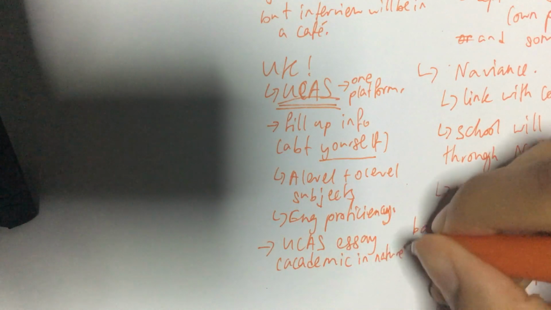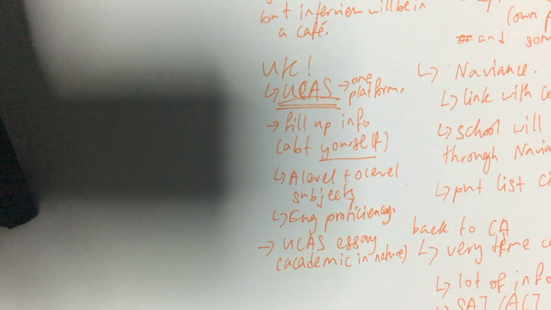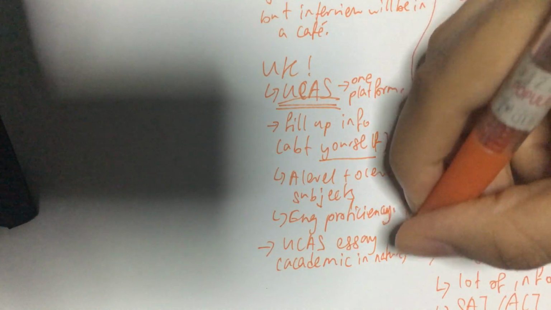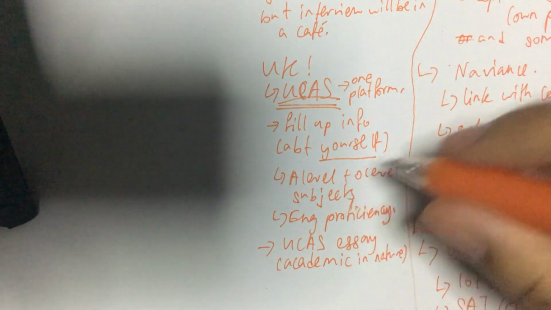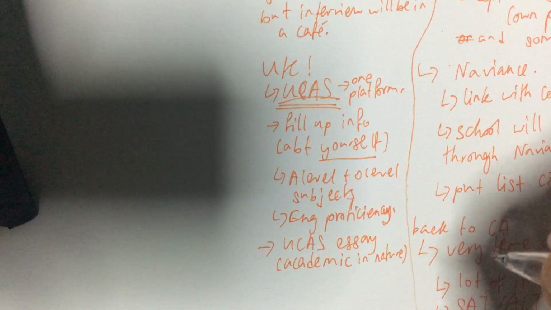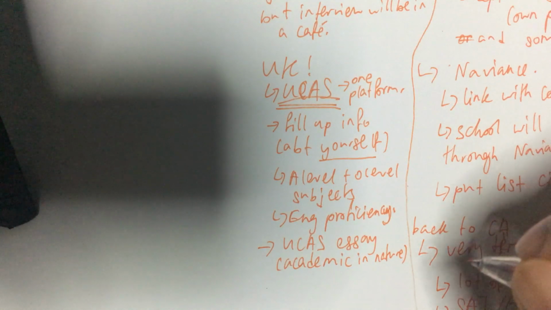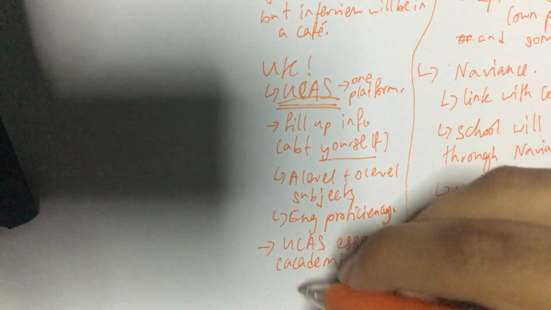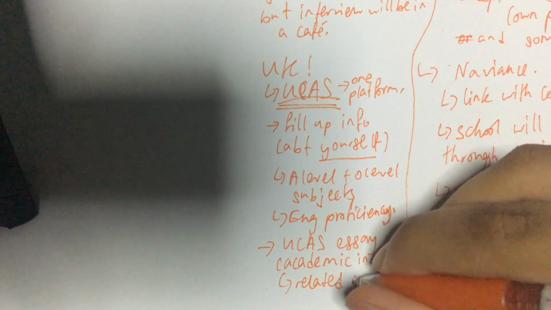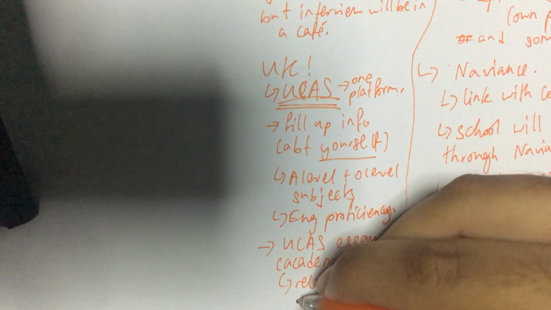So in your essay, you're supposed to talk about your academic interest, not about your travels or anything else. For example, if you're applying for chemistry, you must talk about why you're interested in chemistry, what you've done in chemistry, what Olympiads you've done, or anything like that.